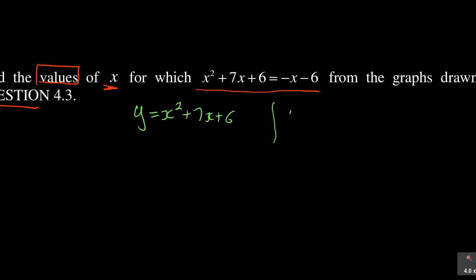So you must see that they were actually giving you minus x minus 6, which you can pick up on one side, and the other one you can pick up on the other side.